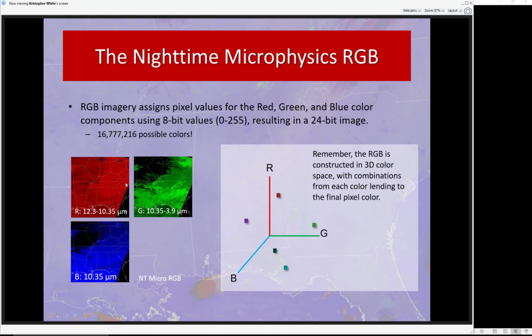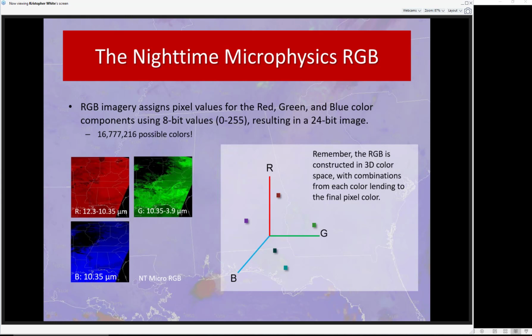So there are a lot of possible colors, and of course, the RGBs are going to be an issue for people who suffer from color blindness or other color visual inabilities. So obviously, people are going to want to keep that in mind.